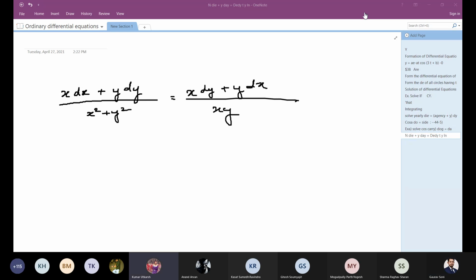Sir, on the right side, x dy plus y dx is equal to xy. Numerator side is equal to xy. Sir, x cube plus y cube equals 0.